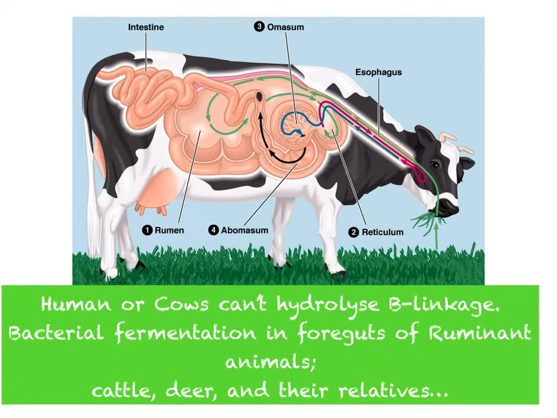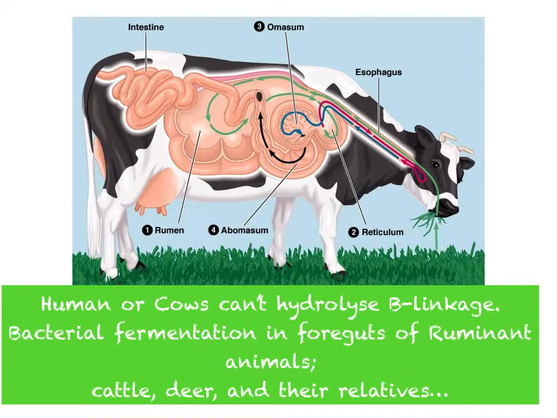We as human beings cannot digest beta glucose. Even cows cannot digest beta glucose on their own. However, ruminant animals like cattle, deer, and their relatives have symbiotic bacteria that can work on these beta glucose bonds and metabolize them into smaller monosaccharides, into glucose.